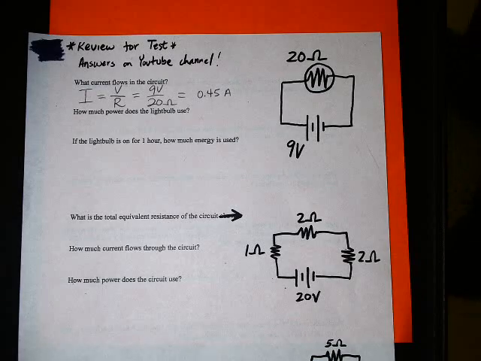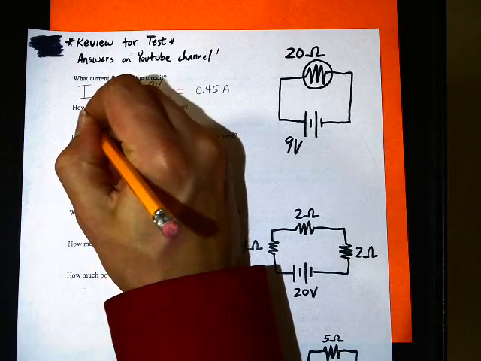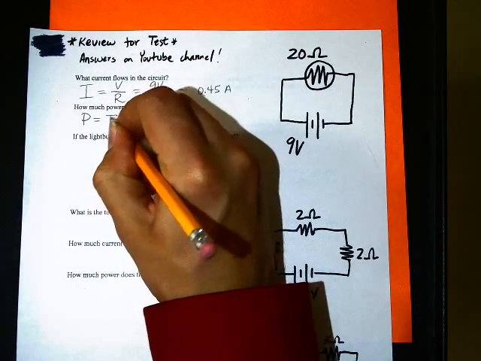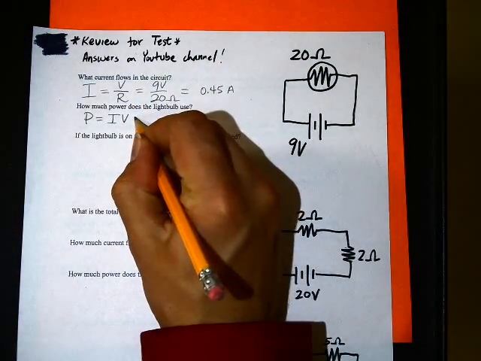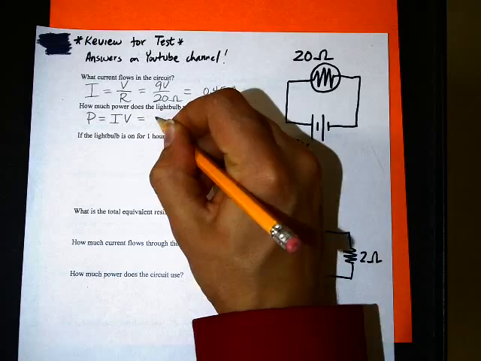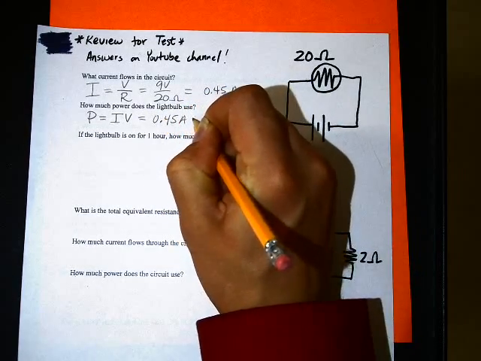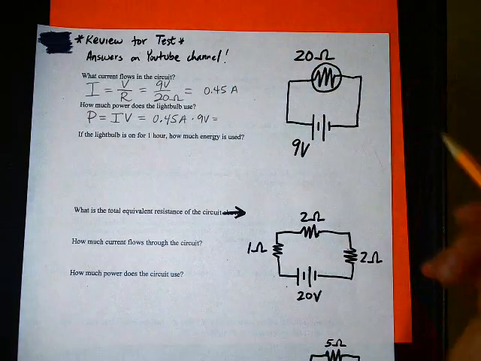First problem. For the second one, we need to find power. Electrical power is given by current times voltage, so P equals I times V. In this case, we have a current which we just found was 0.45 amps, and we are multiplying that by 9 volts.